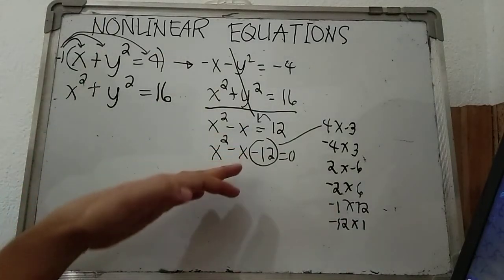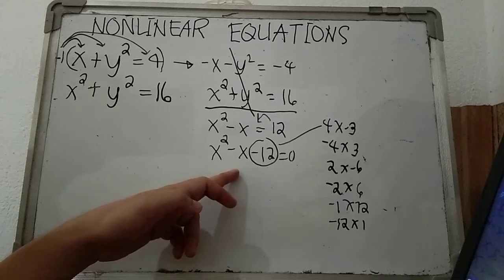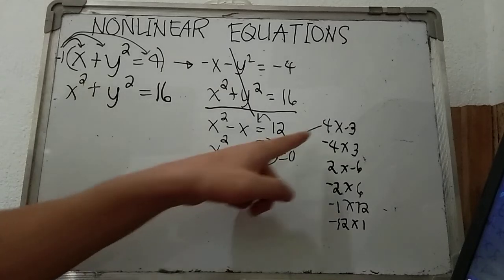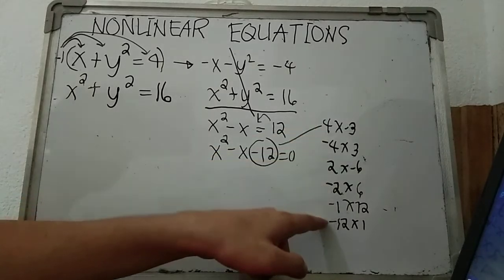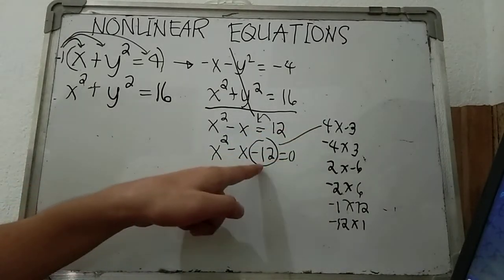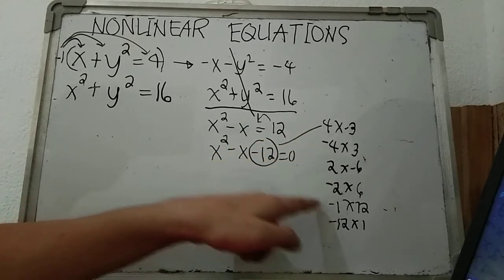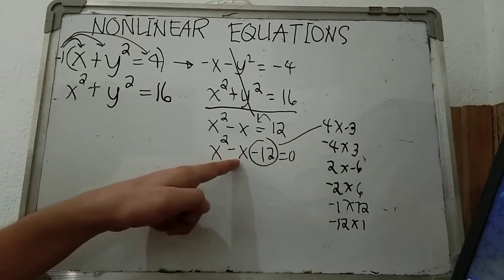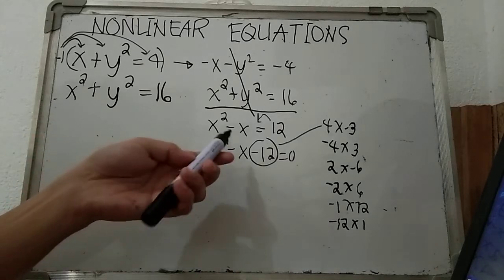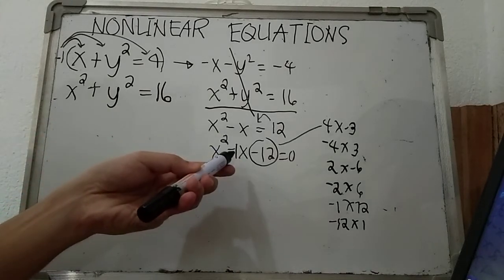Now, basically, we are going to use the sum and product of the roots. If you multiply, you will have a product of -12, so these are the factors. But the question is, what is our middle numerical coefficient? At this point, our middle numerical coefficient is -1.